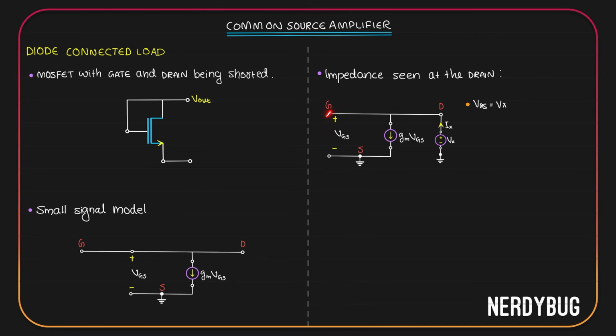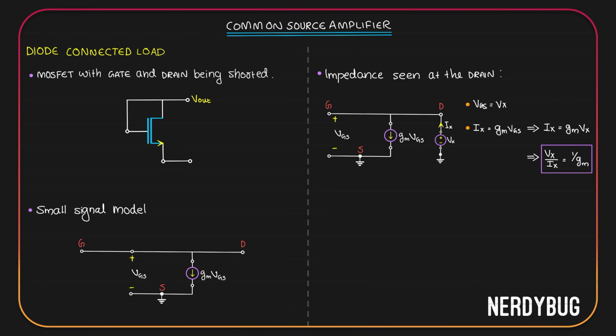Why? Because the circuit is open over here. So Ix is basically equal to gm Vgs, but Vgs is Vx. So we get Ix is gm Vx. What we want is Vx by Ix. It is clearly 1 by gm. So the diode connected load is equivalent to a resistance of 1 by gm.